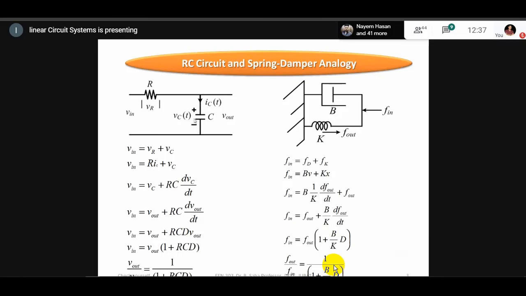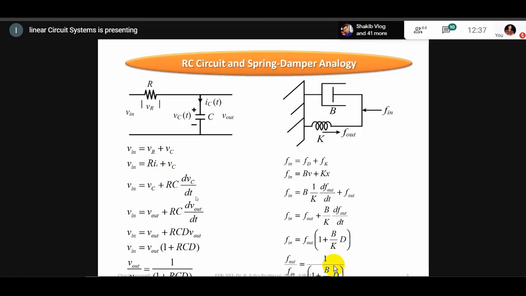Because VC is the output voltage, since we are taking the voltage from VC on the output side. After that, since it is a series circuit, IC equals what? Capacitor current, C dVC by dt.